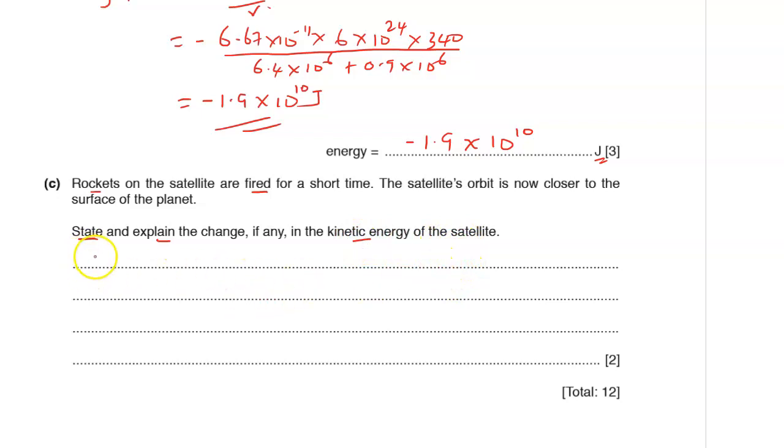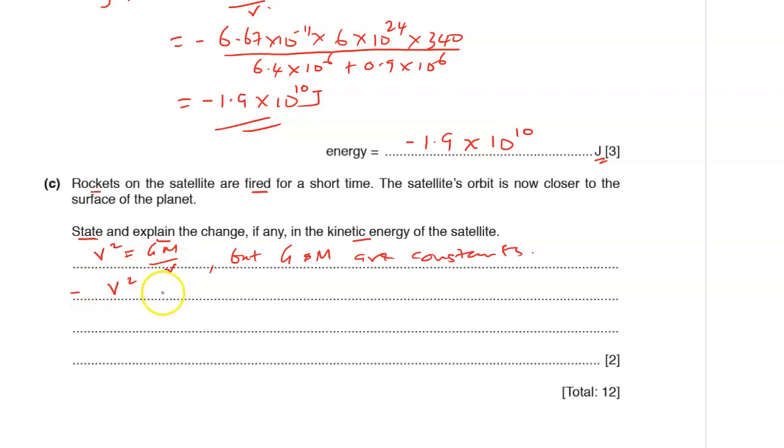We have said that v squared is equal to GM over r, but G and M are constants. So the speed of the satellite will depend on the radius.